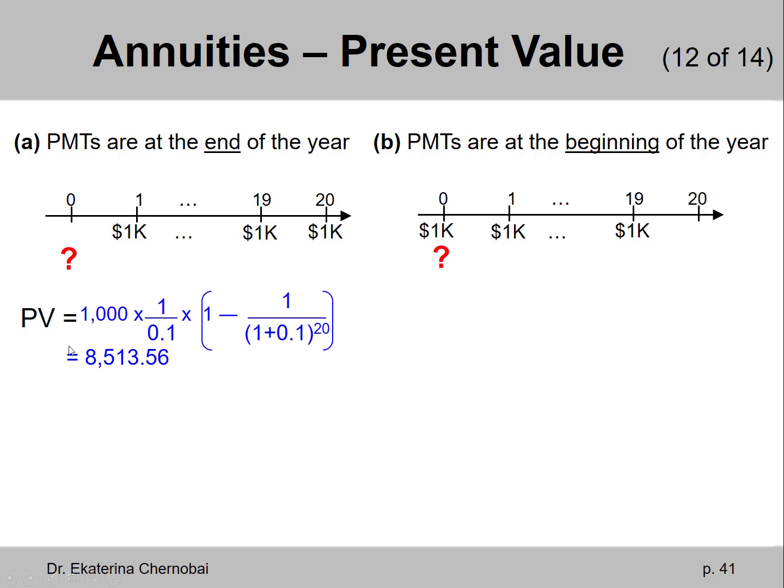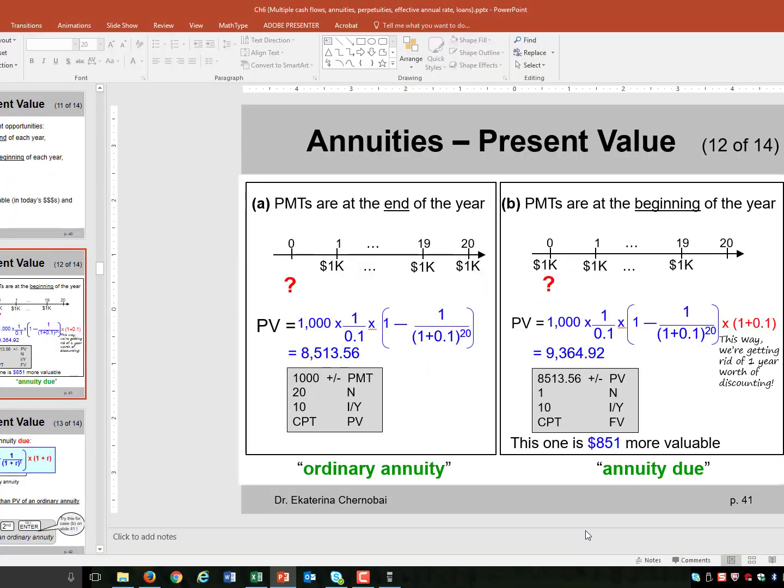We already know the formula from before, where we use 1,000 for the payment, 10% or 0.1 in decimals for the interest rate throughout the formula, and 20 for T, the number of payments. That gives us $8,513.56.